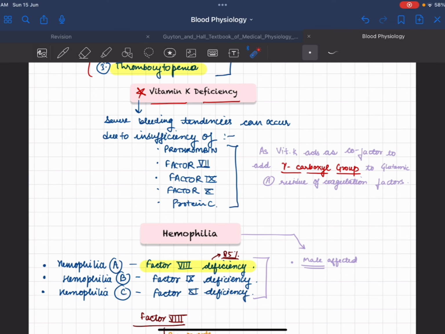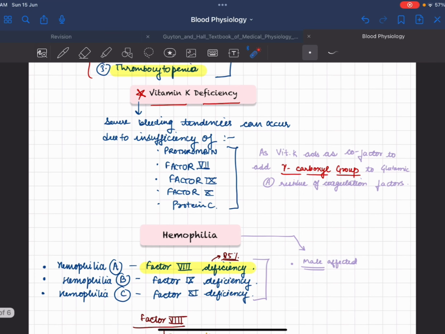So, vitamin K is really very important for these coagulation factors: prothrombin, factor 7, 9, 10, and protein C. For the proper functioning, for the proper action of these coagulation factors, vitamin K plays a very important role as a cofactor. Okay, we study cofactors in biochemistry. So it adds gamma carboxyl group to the glutamic acid residue of coagulation factors.